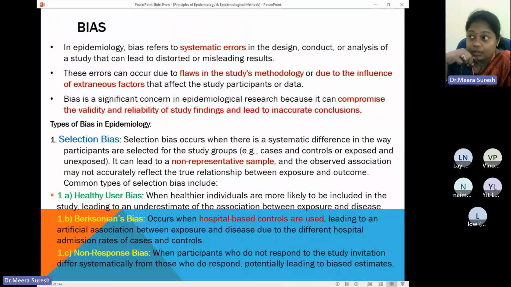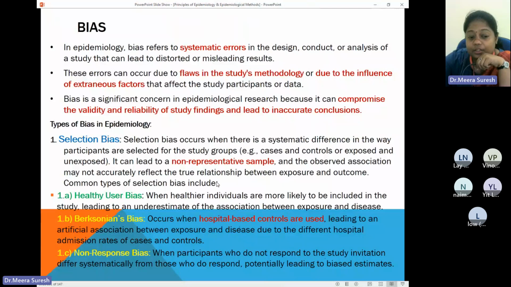And in your research methodology, the protocol that you lay out, you have to explain how you are going to address this Berksonian bias. So that's the basic idea: you know what the problem is of taking a population sample from a hospital, and then what you have done in your study to rectify this bias. That is what is meant.